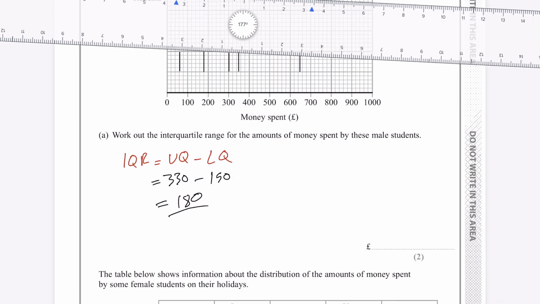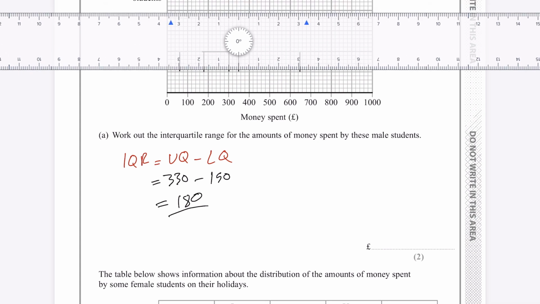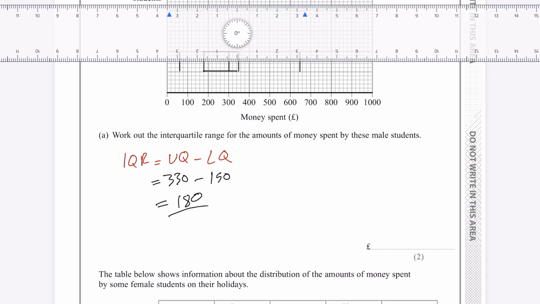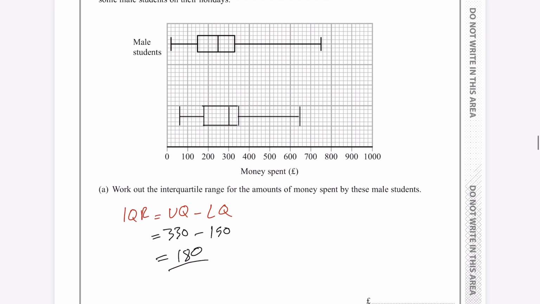And then remember to join them all together. So just like the one above, draw a line there, draw a line there, and then a line connecting that, and a line connecting that and that. Cool, so you should end up with something that looks like that.